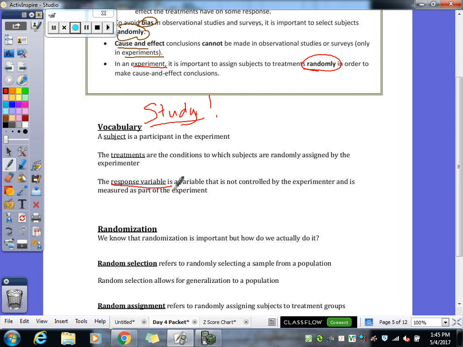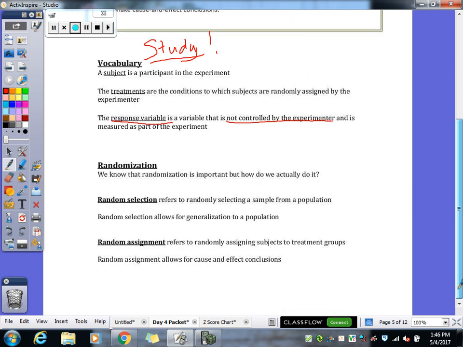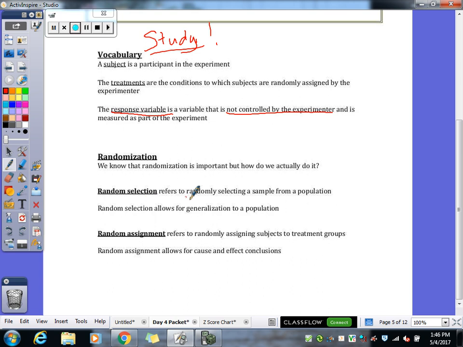Response variable is a variable that is not controlled by the experimenter and is measured as part of the experiment. And then randomization. Random selection refers to randomly selecting a group of people, where random assignment means you randomly assign them to a different group. So there's those 2 different things, but they sound very similar, so you gotta make sure you know those.